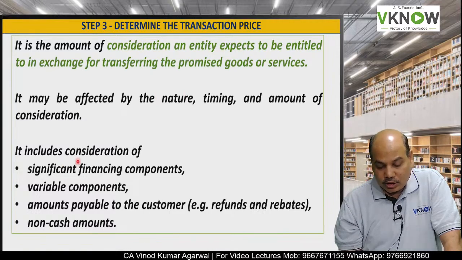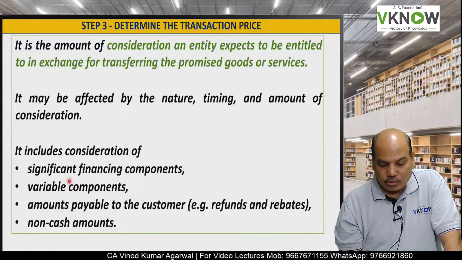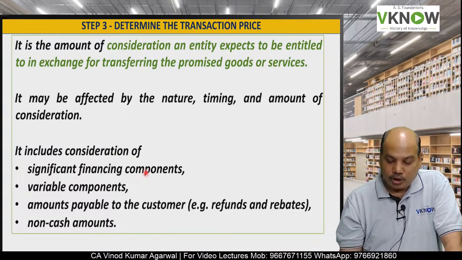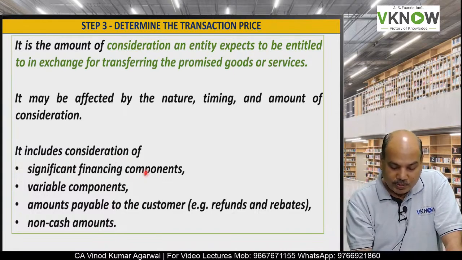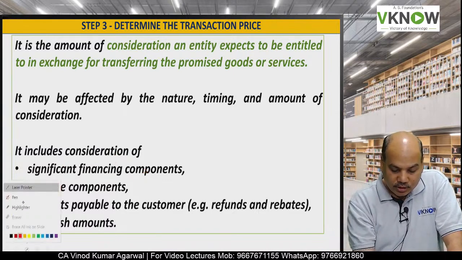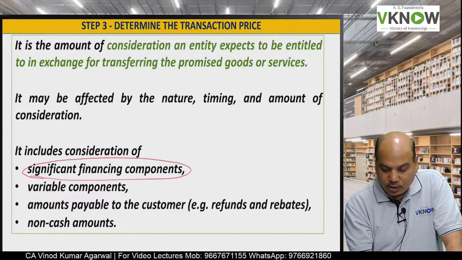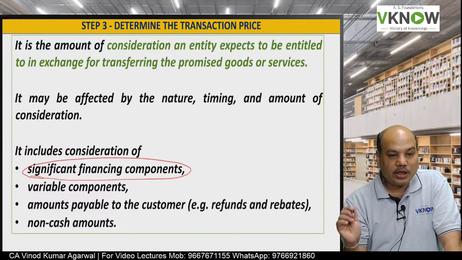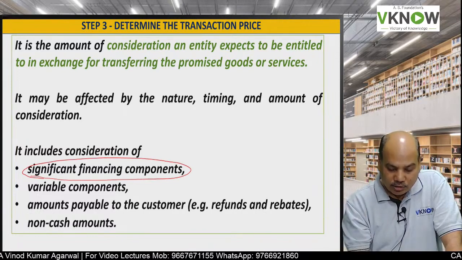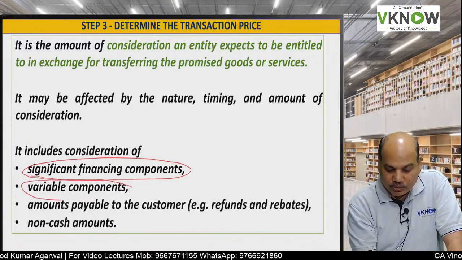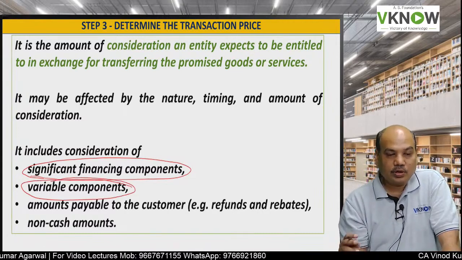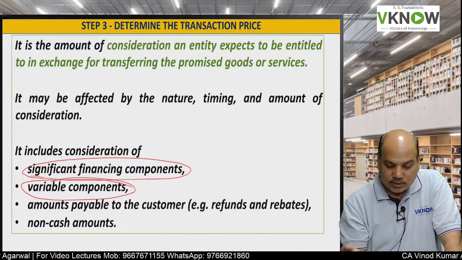Now transaction price includes a significant financing component also, that I am going to explain afterwards. It is like making payments over a period of time, so it might include some interest also. It may have some variable component also, like incentive, bonus.